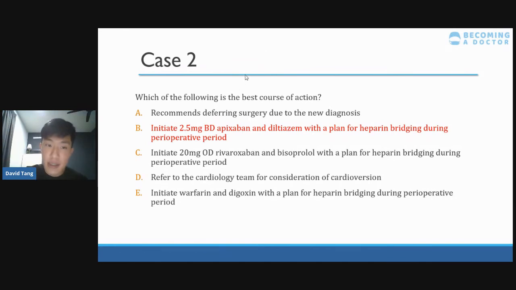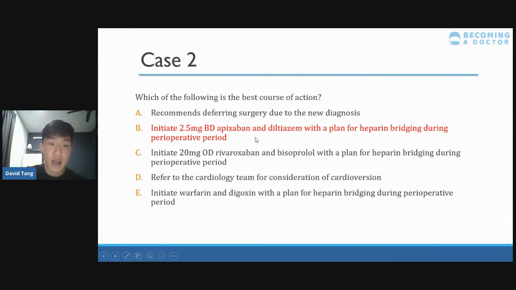Apixaban is an agent that directly inhibits the common pathway, a direct factor 10A inhibitor. Diltiazem is a non-dihydropyridine calcium channel blocker. It's the same class as verapamil, if you are familiar with cardiac medications, and it reduces the heart rate. It is also an antihypertensive medication.